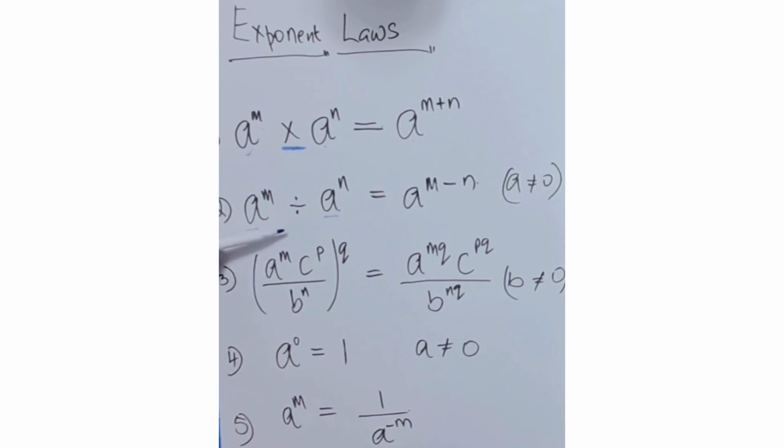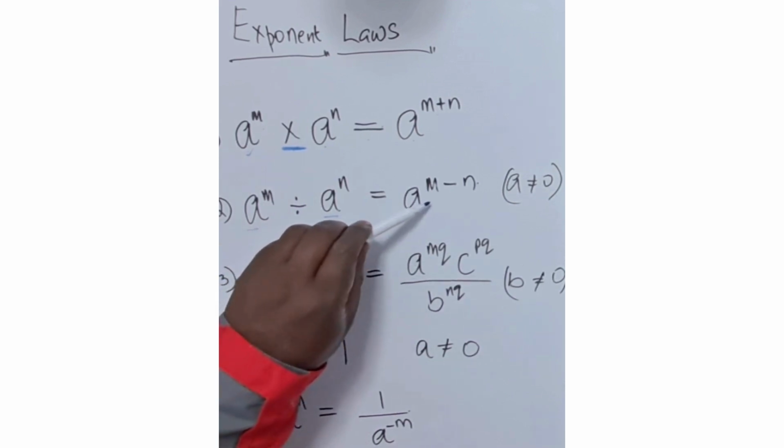If the bases are the same and we are dividing, we subtract the exponents. So again, there are two conditions. The first condition is that the bases should be the same, and the second condition is that we should be dividing. If those two conditions are satisfied, then we need to subtract the exponents.